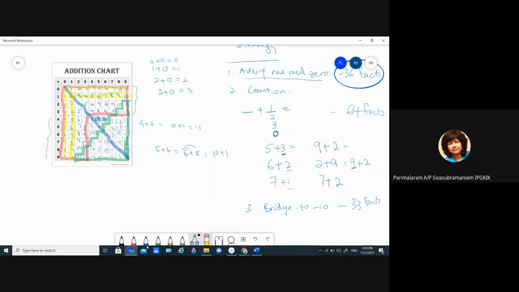So we have doubles, doubles plus 1, doubles plus 2. Okay, this is doubles plus 1 plus 2. So all this can be learned using the doubles strategy. It's also here, doubles plus 1 plus 2.